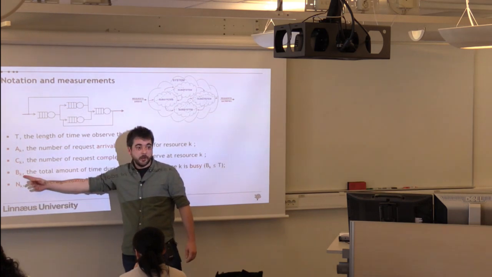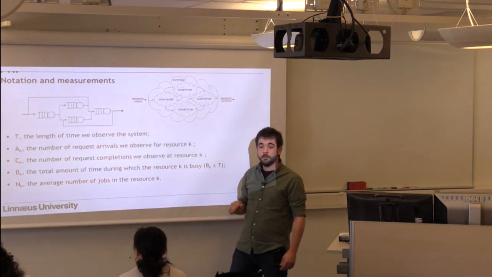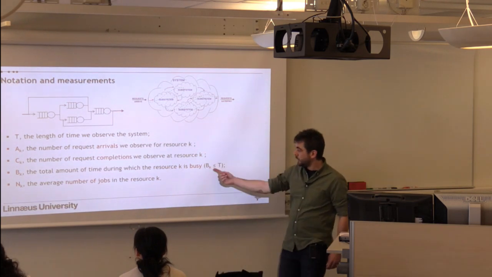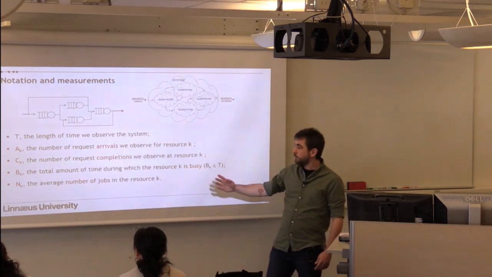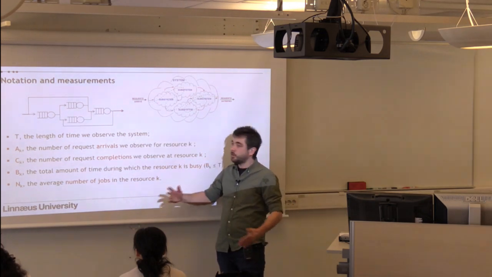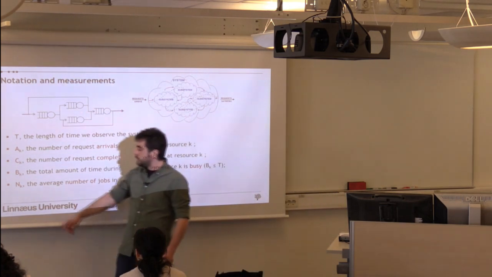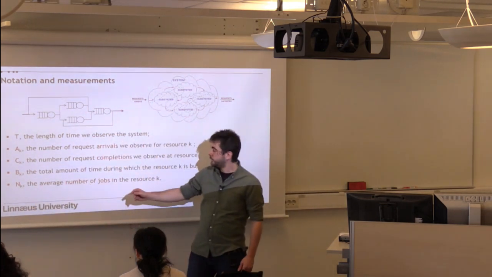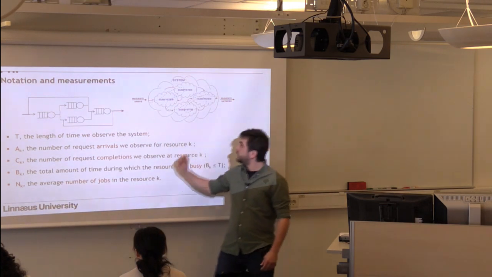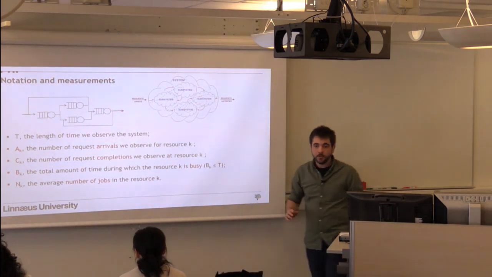B sub k, again, the busy time, so the amount of time that the resource, the subsystem, was busy. Again, at most, B is as high as T if the subsystem was busy all the time. And N sub k, the average amount of jobs in the concrete subsystem k. Okay?